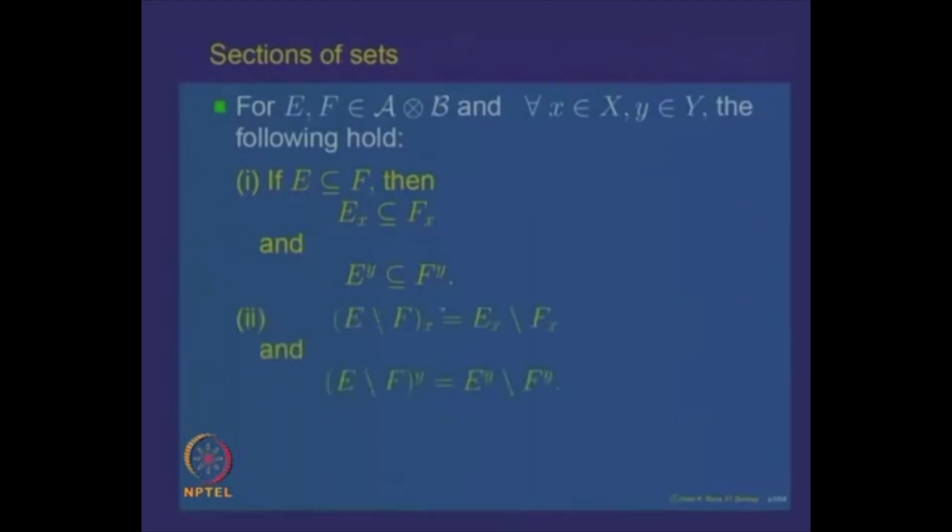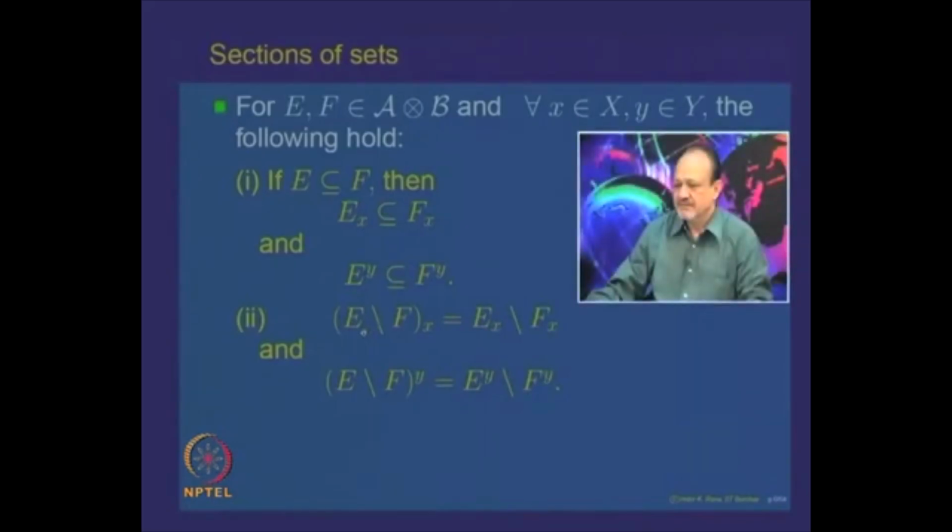The next property says that if we look at the difference E difference F and take its section, it is the same as first taking the sections and then taking the differences, whether at a point x or at a point y.